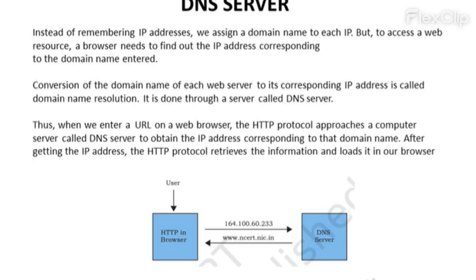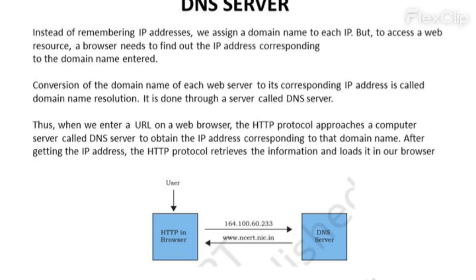Then secondly, the query goes to the recursive DNS resolver. If the IP address is not cached on your device, it will now ask the DNS resolver, which is usually provided by your ISP or a public DNS like Google.